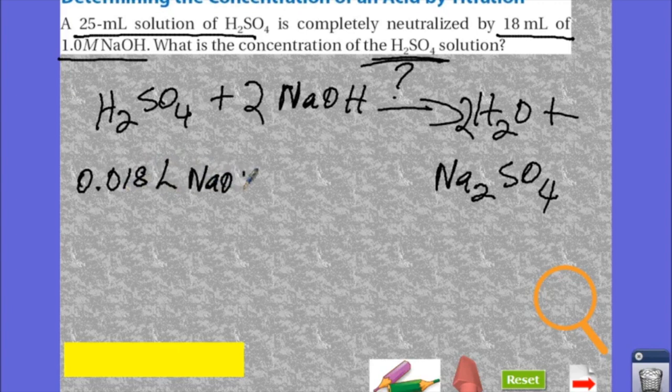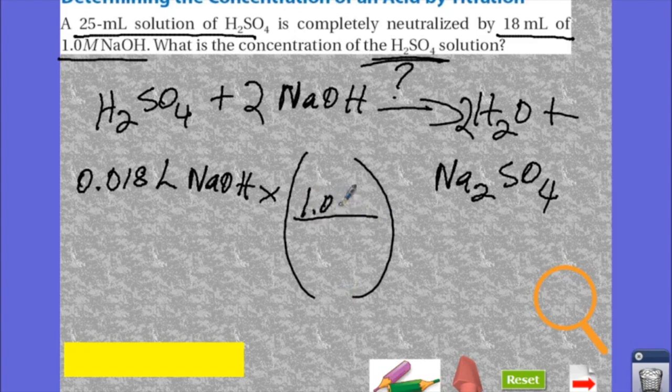This is what? 0.018 liter. This is your NaOH. If we use a conversion factor, this is 1 molar, 1.0 moles per liter, which is molar, same thing.